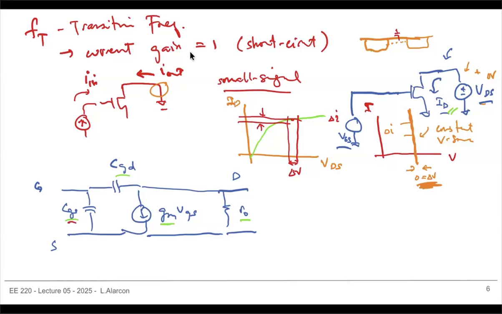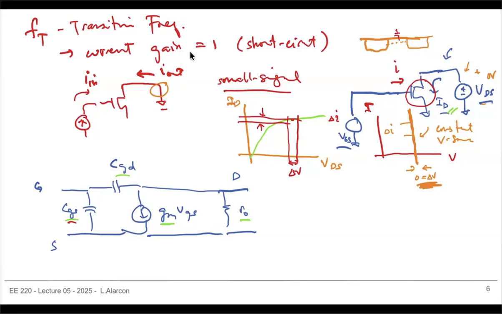So once you get this, this is what we call your DC bias. This is your quiescent point. This is where this transistor is sitting at in DC. Now, transmission frequency is a small signal parameter. That means I want to inject some small signal input current.